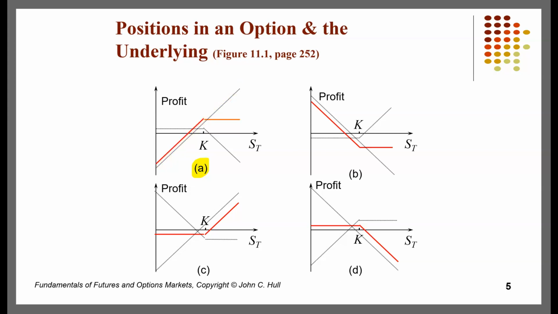That was our long stock, and our short call was the line that we had here, and our payoff for the strategy was the red line that we have there. So this was a covered call strategy.